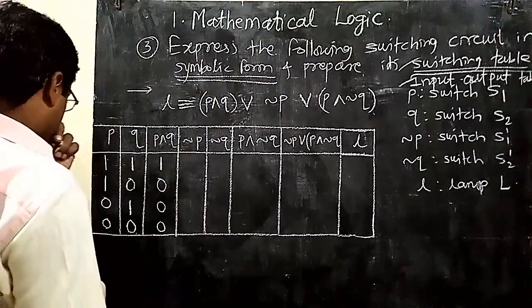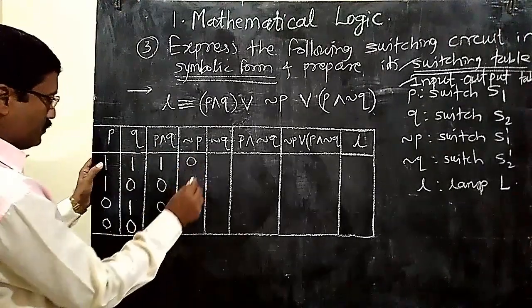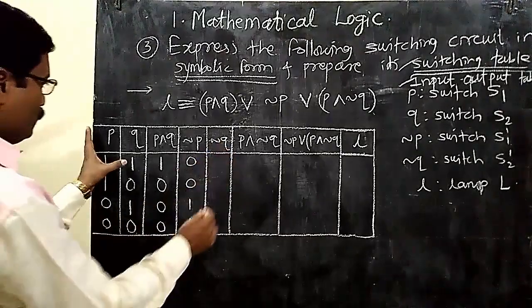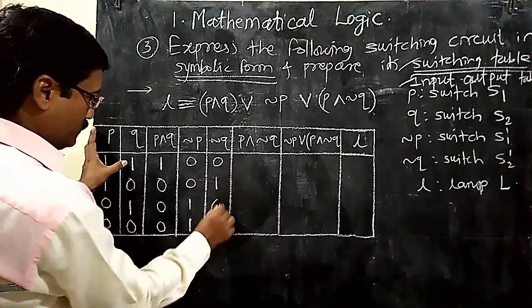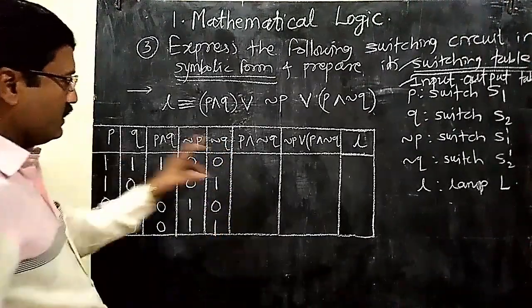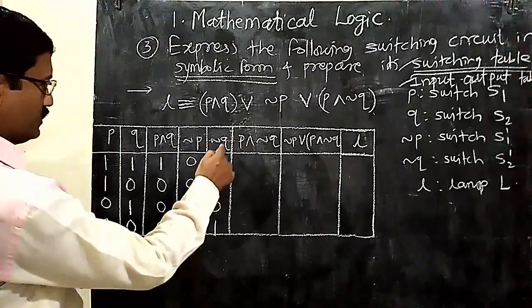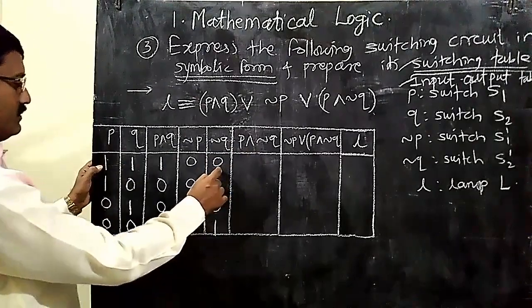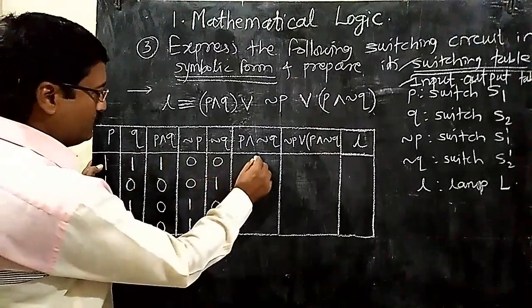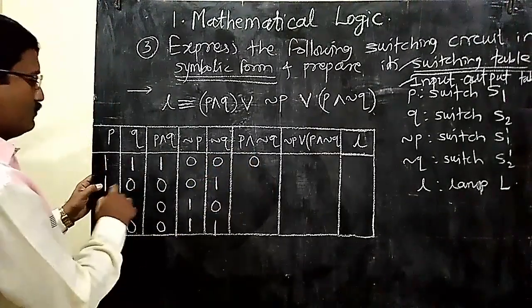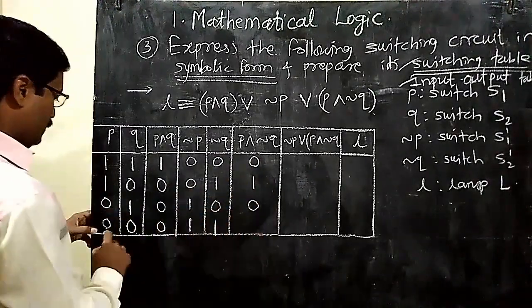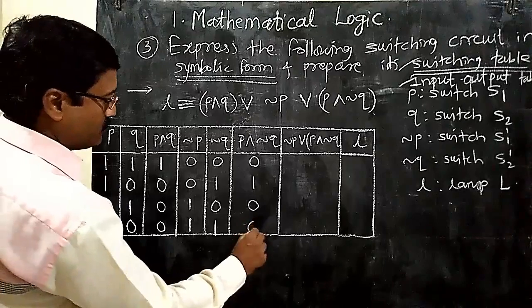Then negation of P: the opposite of 1 is obviously 0, so 0, 0, 1, 1. Negation of Q: 0, 1, 0, 1. In P and negation Q, negation Q is here and P is here. In conjunction we will take multiplication again: 0, 1, 0, 0.